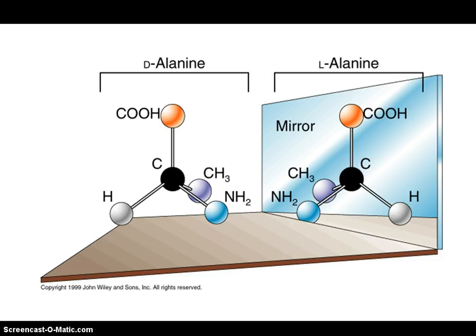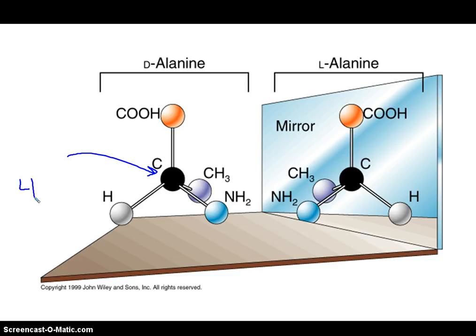And then finally, here's the idea of these enantiomers. Here are mirror images of each other. The key for that is there's a central carbon atom, and there are 4 different things bonded to it. They can't be superimposed, but we can get a mirror image of it.